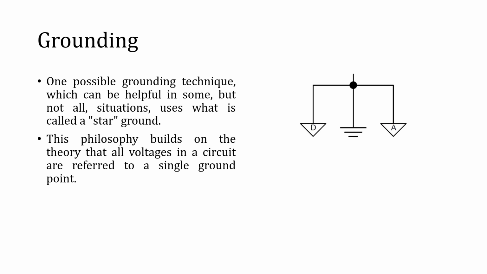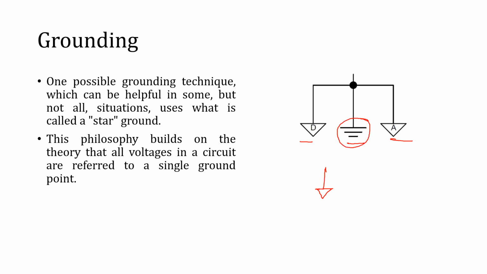Okay, that is the star connection that I was talking about. It's not always possible, but sometimes it is possible to connect all the grounds, that is analog ground and digital circuit ground, to the main earth ground with each other. In many circuits, when we draw this kind of symbol, it means it is the ground of the circuit, not the absolute ground. Absolute ground is always referred to like this.